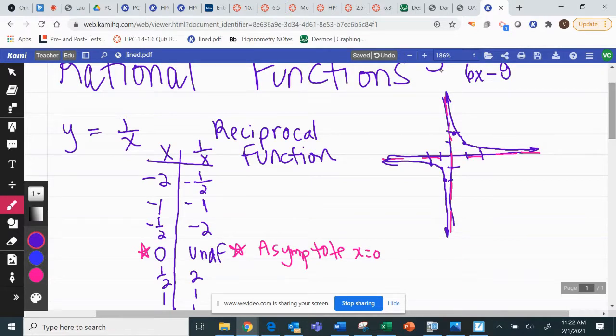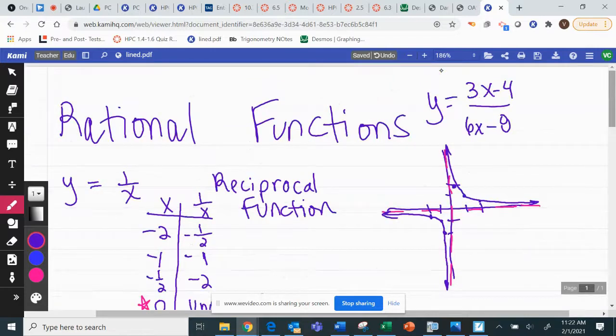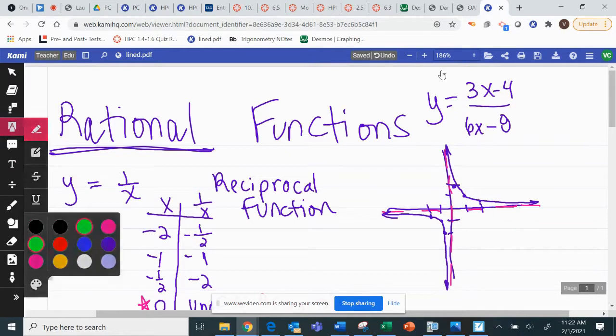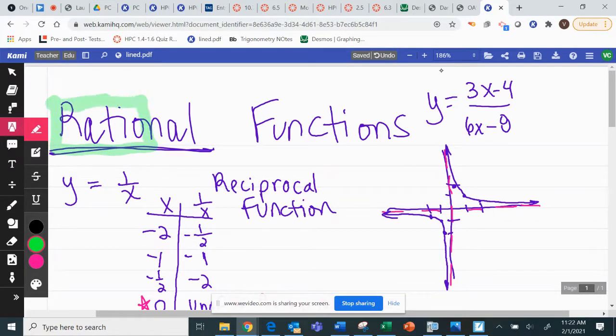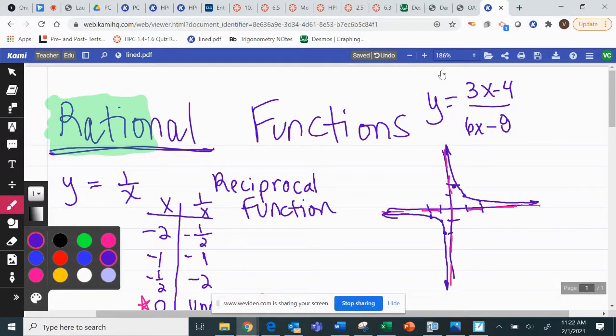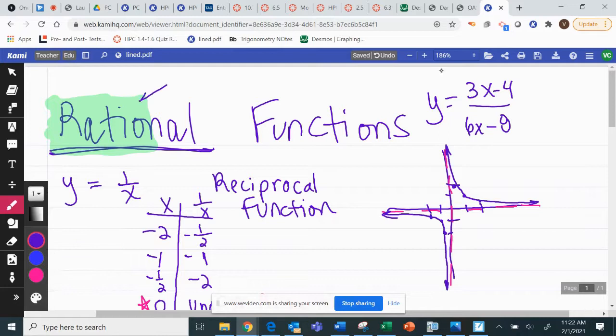Now, reciprocal functions and other functions that we're about to do are called rational. And the word rational has a word in it: ratio. And what does ratio mean? Fraction. Good. So all of these functions have fractions, and I don't mean just like 1/2 in it.